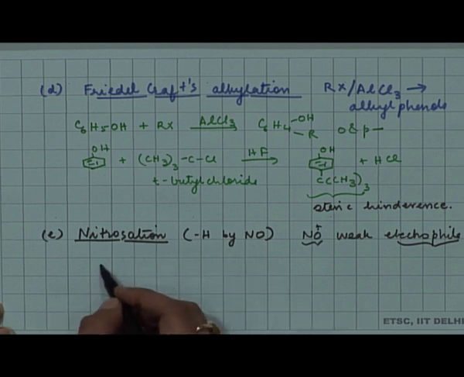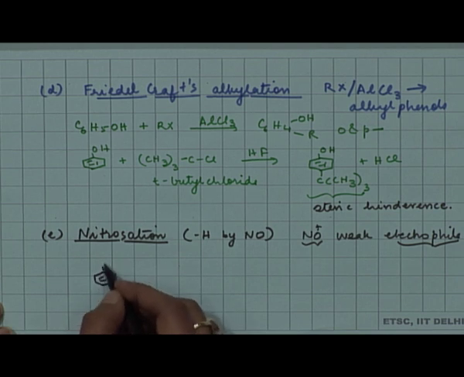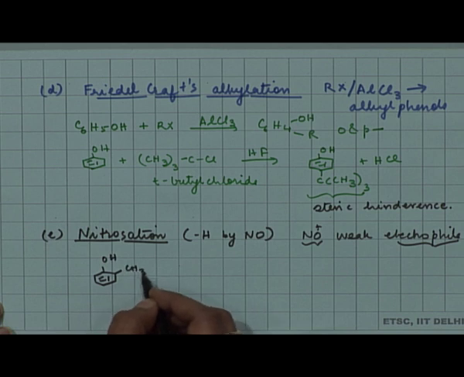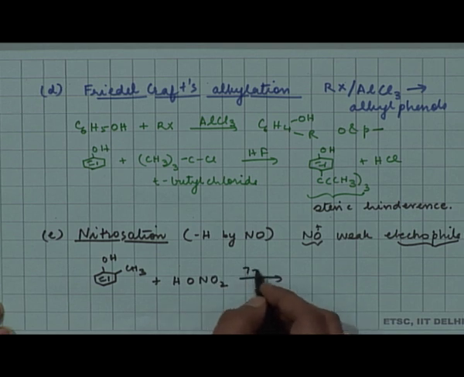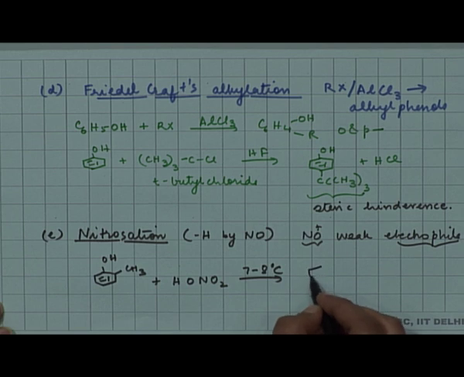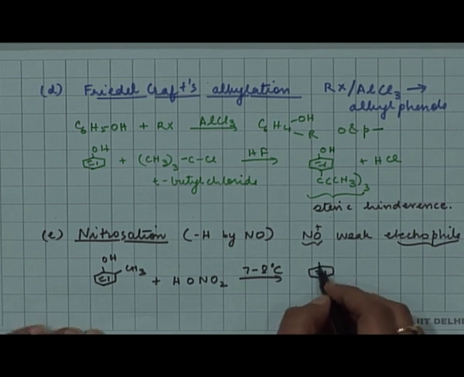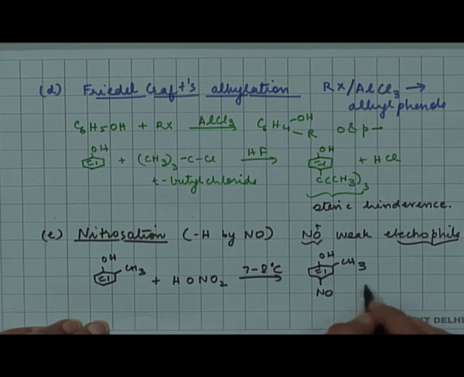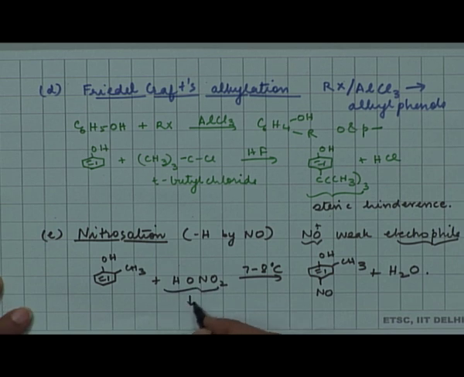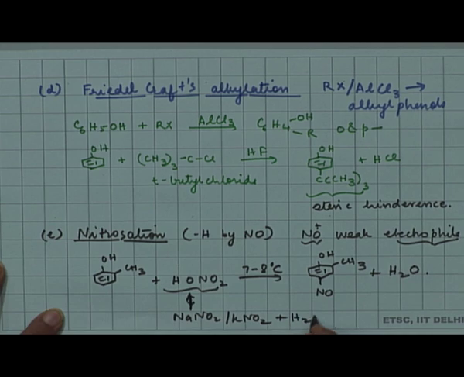So, your reaction involves treatment of the phenol with nitrous acid. So, you take the phenol, treat it with nitrous acid at low temperature, and it undergoes nitrosation. So, the ortho position is blocked here, it undergoes nitrosation at the para position, and the nitrous acid can be generated, we know, from the corresponding nitrite salt in the presence of the acid.